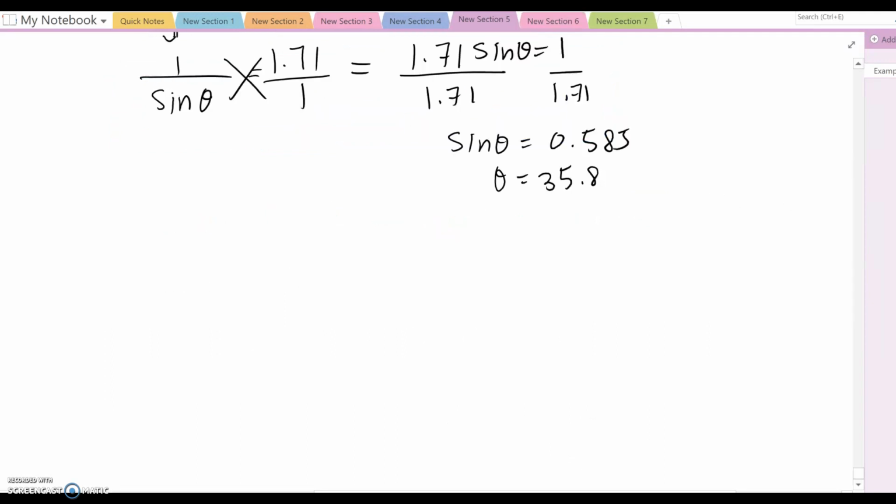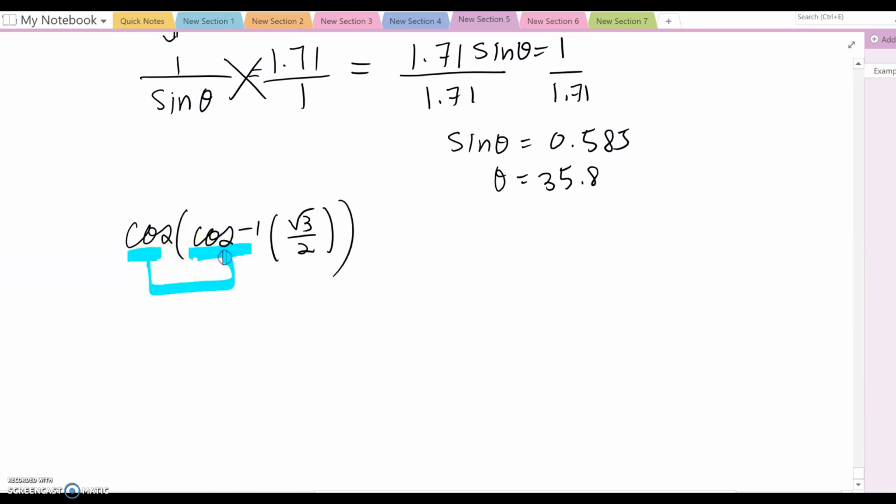The other part is, what if it's given like this: the cosine inverse of root 3 over 2? Then you know that the cosine and the cosine inverse are already inverse functions. Therefore, the inside value is always the answer.